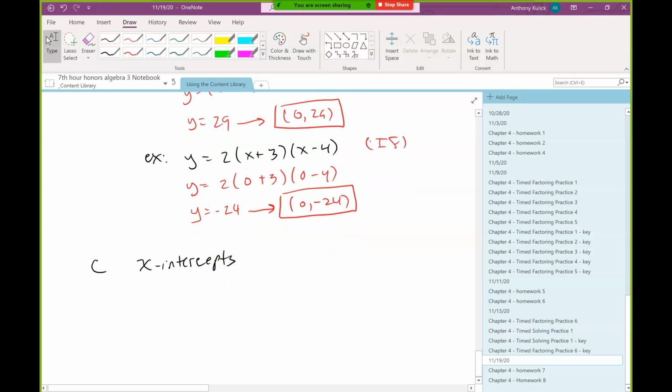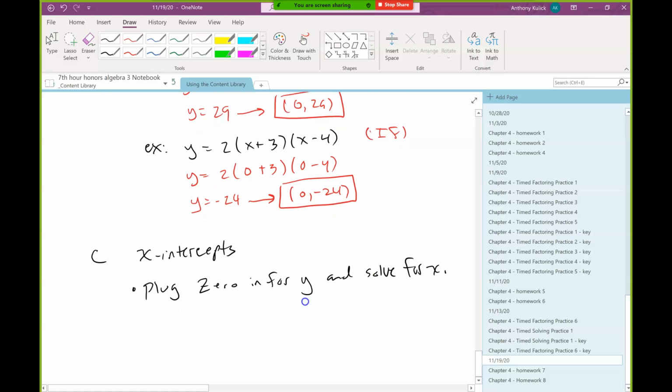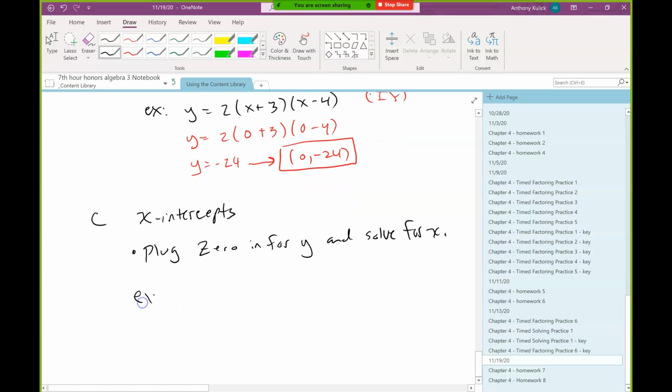Next up are the x-intercepts. To find the x-intercepts, you're going to plug 0 in for y, and then solve for x. Let's do a couple of examples.